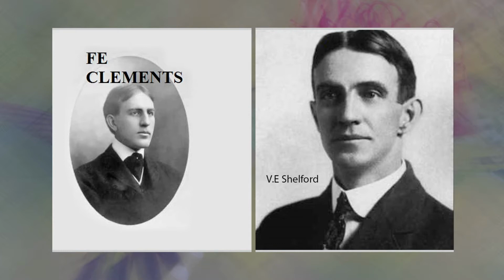According to Clements and Shelford 1939, one of the first consequences of regarding succession as the key to vegetation was the realization that the community is more than the sum of its individual parts. It is indeed an organism of a new order. By emergent properties was meant those features of the whole that were not predictable from the study of its parts.